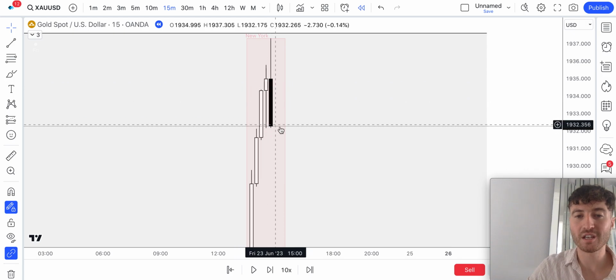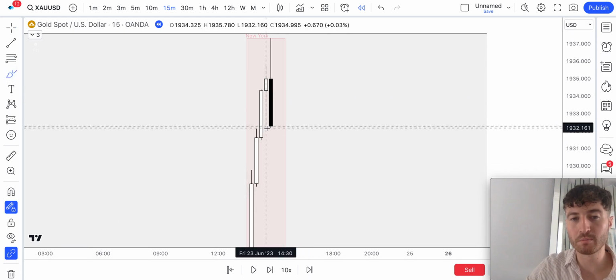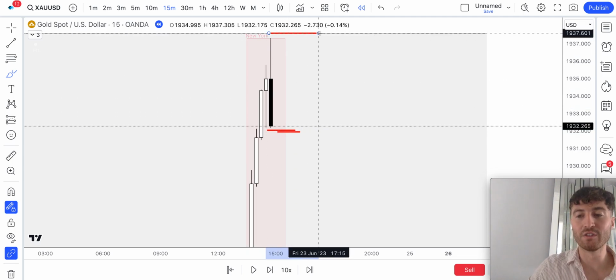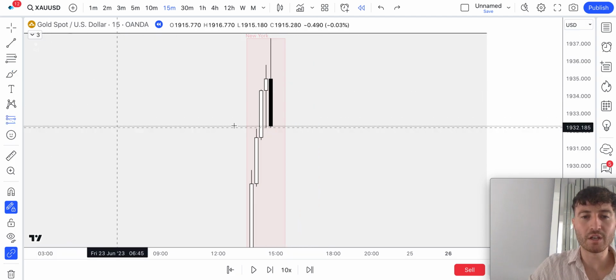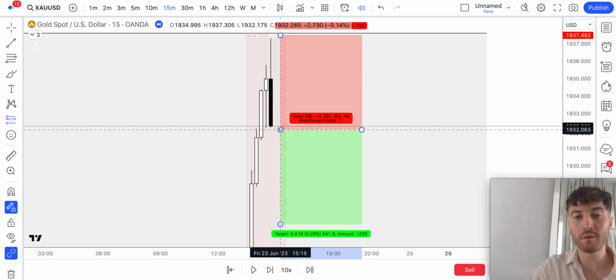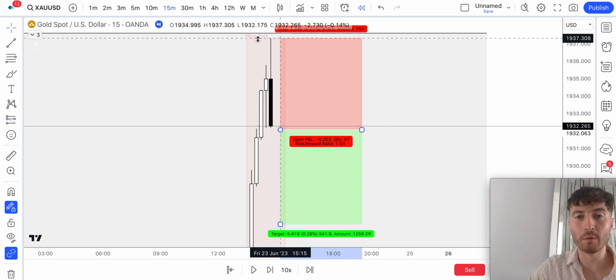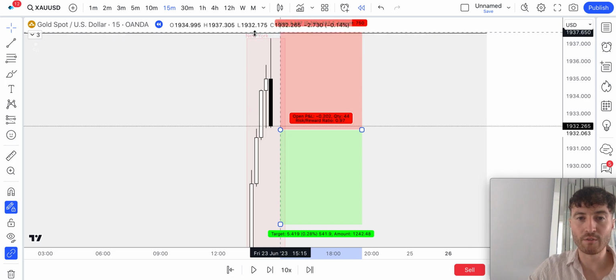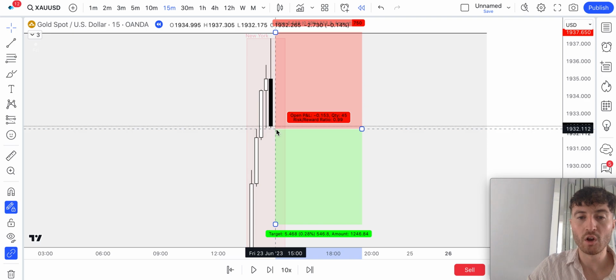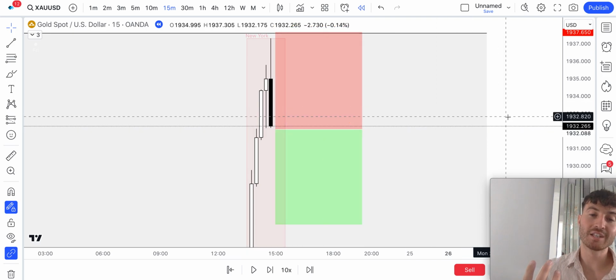Once we've seen this, on a break of that low here, you can see the low is pretty close from where we're going to break, but pretty much as we break this low, we can enter a limit order on the break there, and we can have a stop loss above that high there.